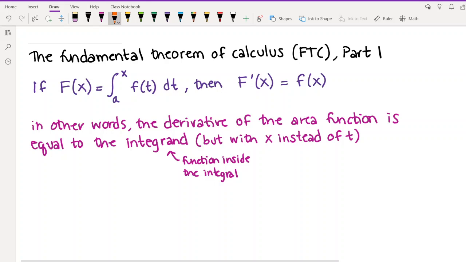So another way of saying this that I want to write down as well, so going back to something we talked about at the beginning of the quarter, if one function is a derivative of another function, well, you can also restate that in terms of antiderivatives.